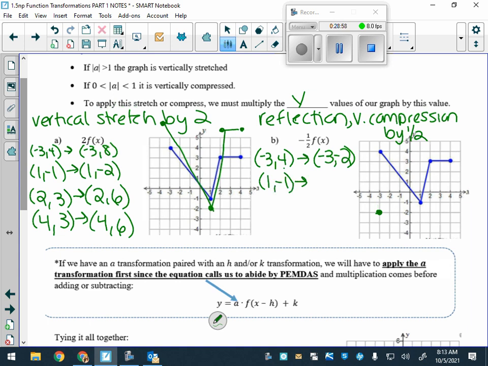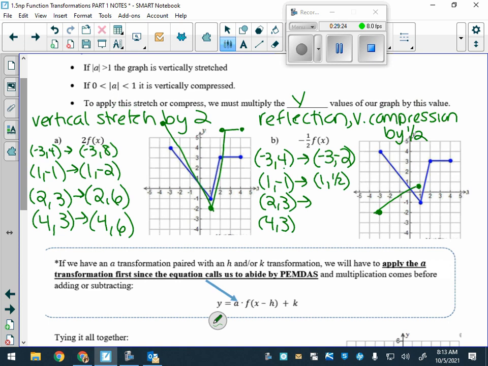How about 1, -1? Everett? Good. 1 and 1/2. It's here. Okay? And then we have 2, 3.